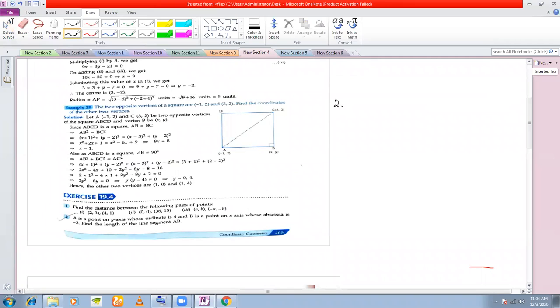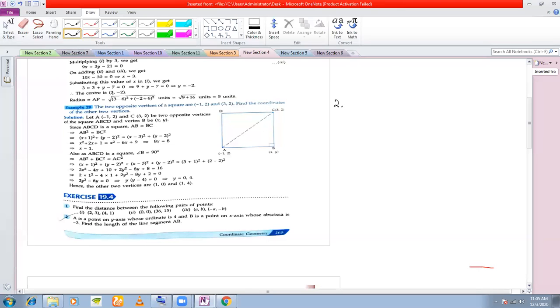Question number 2. A is a point on the y-axis whose ordinate is 4 and B is a point on the x-axis whose abscissa is -3. What do you mean by ordinate and abscissa? If you remember, I had told you the definitions.